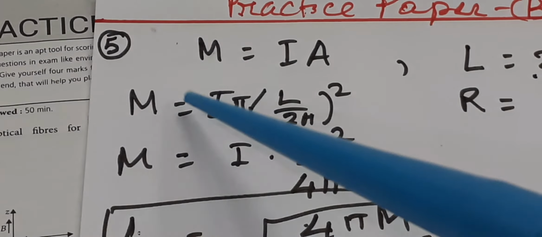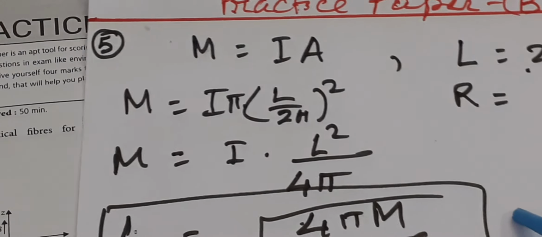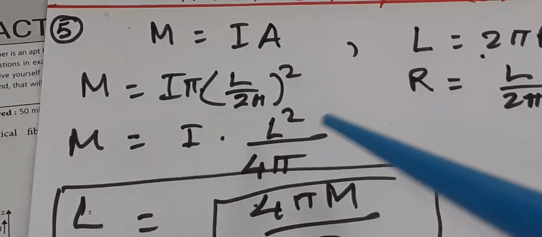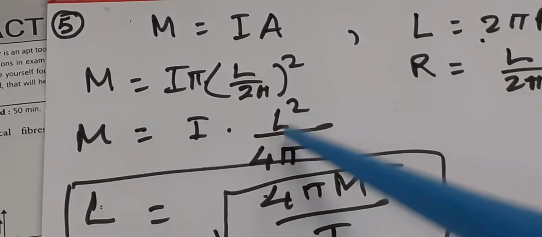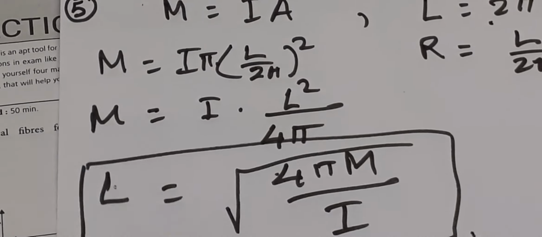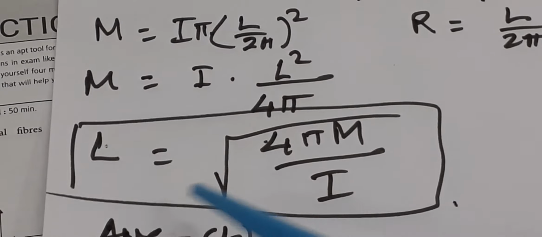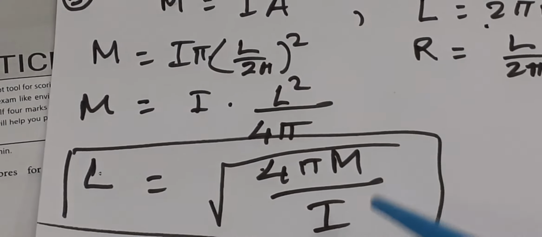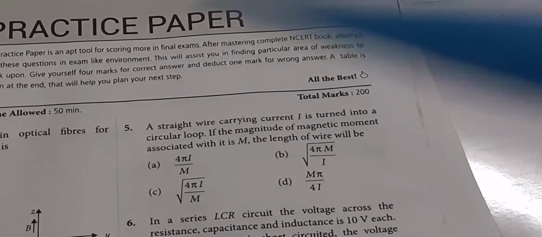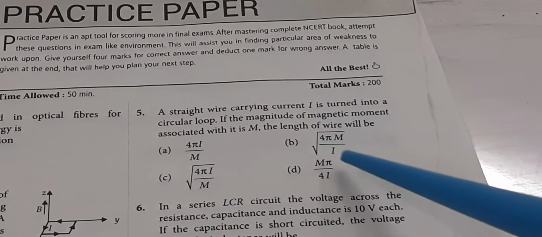So M will be I into pi r square, and r is L divided by 2 pi. The expression comes to I L square by 4 pi. We need to get L, so cross multiplying, root under 4 pi M by I will be the length of the wire in terms of magnetic moment and current. That means choice number B is the answer.